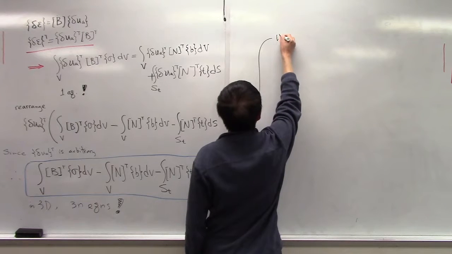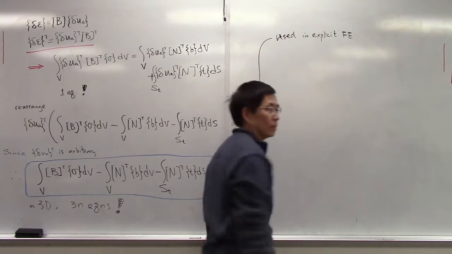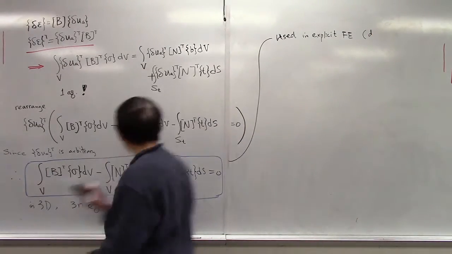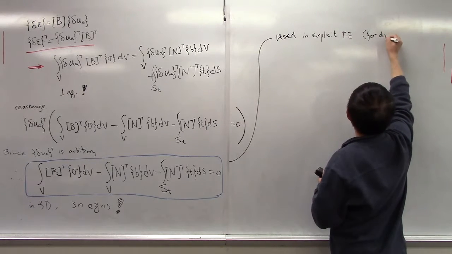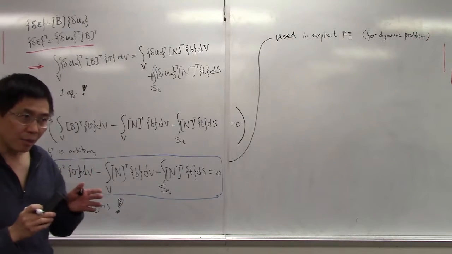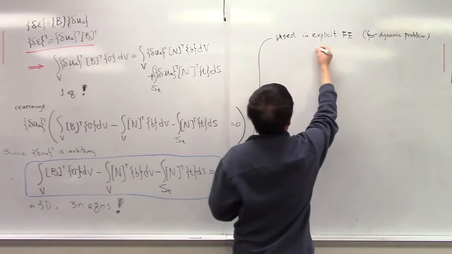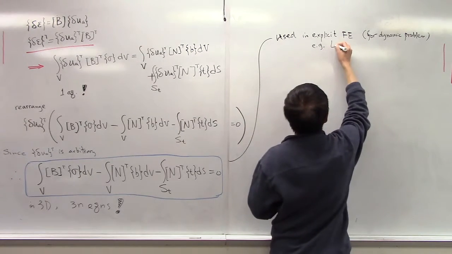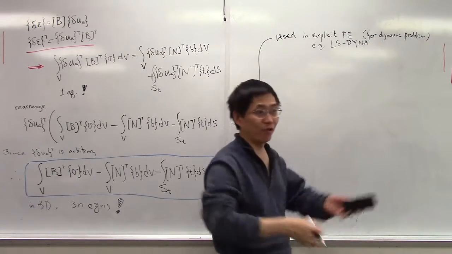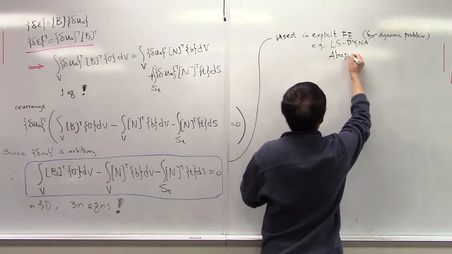This is used in explicit FEM a lot, for static problems and for dynamic problems. Explicit codes are usually for dynamic problems. For explicit code, for example, LS-DYNA is a well-known explicit code for dynamic problems, for explosion and impact problems, and also Abaqus Explicit.